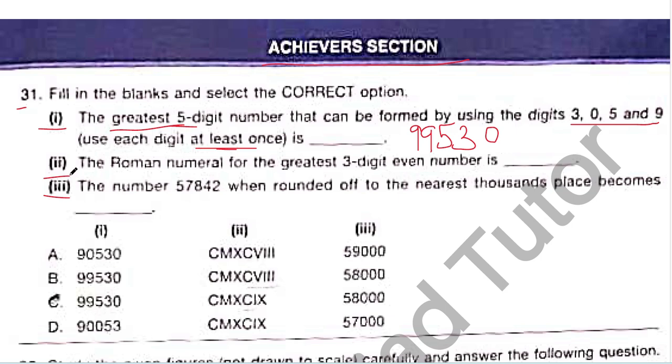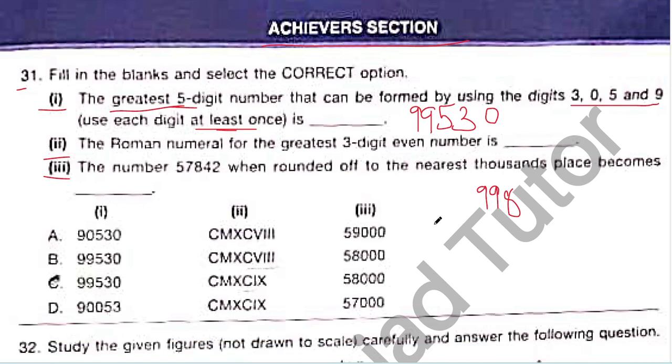Now the second blank is the Roman numeral for the greatest 3-digit even number. The greatest 3-digit even number is 998. You have to find the Roman numeral for this. And the third is the number 57842 rounded off to the nearest 1000. Nearest 1000 means we have to check the hundreds place, which is 8, more than 5. So it would be 58,000 when we round it off to the nearest 1000.